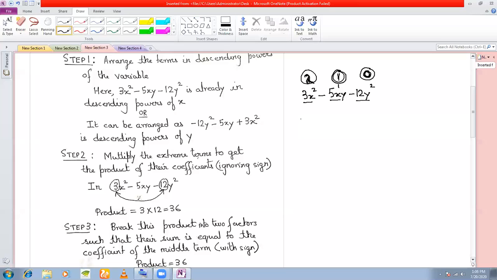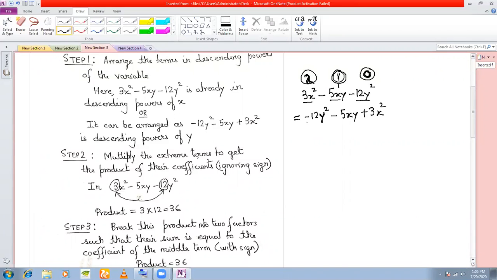You can also write it in descending powers of y. How? Because this trinomial can also be written as minus 12y square minus 5xy plus 3x square. Can it be written in this way or not? Any disagreements? So no disagreements. It can be written.